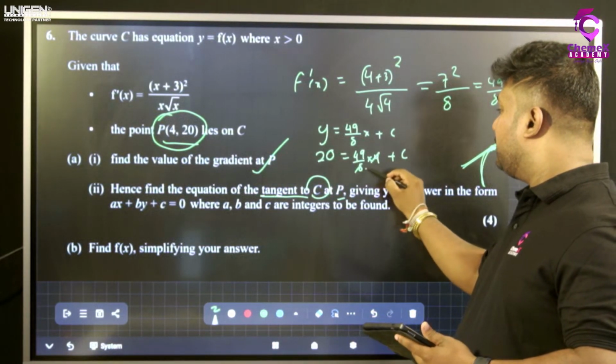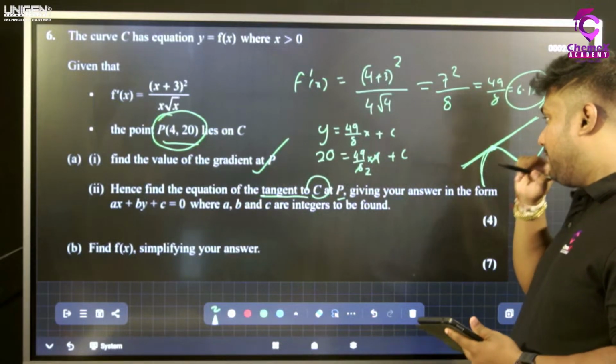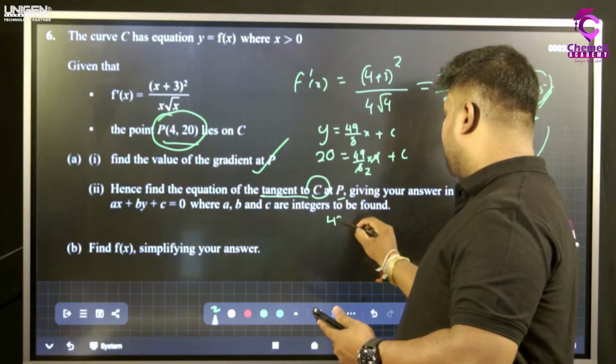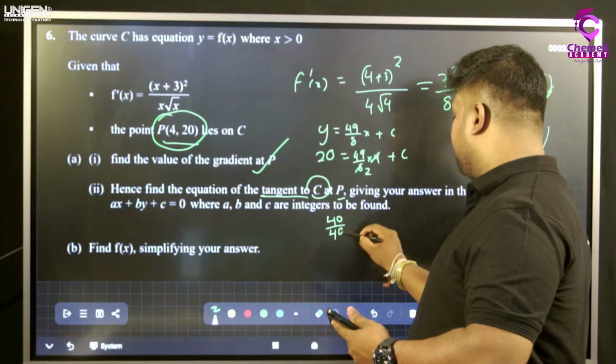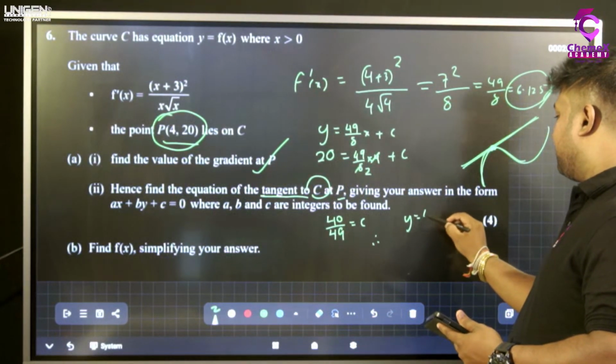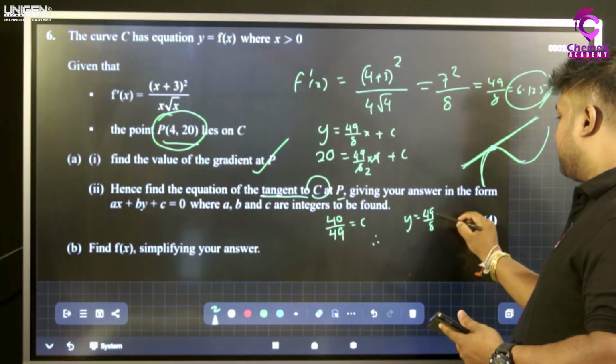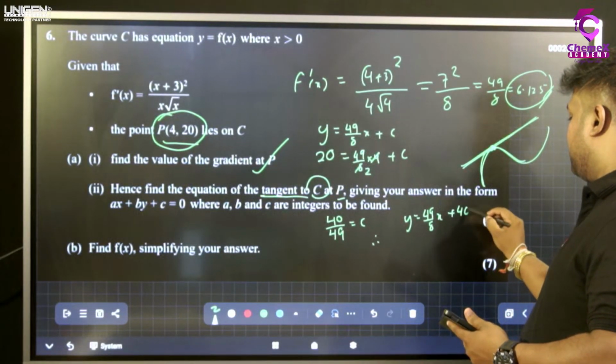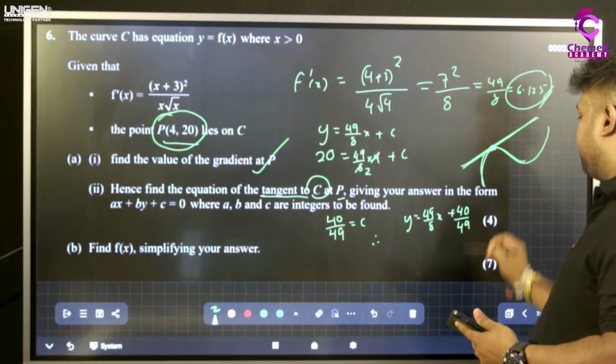So c is going to be 40 over 49. So the equation is y equals 49 over 8 x plus 40 over 49.